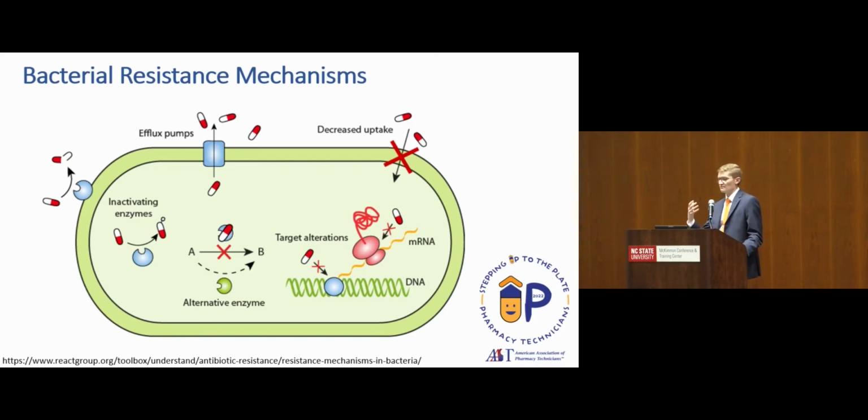But bacteria can be smart. They can develop resistance to antibiotics, which is why we want to use antibiotics appropriately to help avoid resistance from developing. So bacteria can develop a lot of different mechanisms.